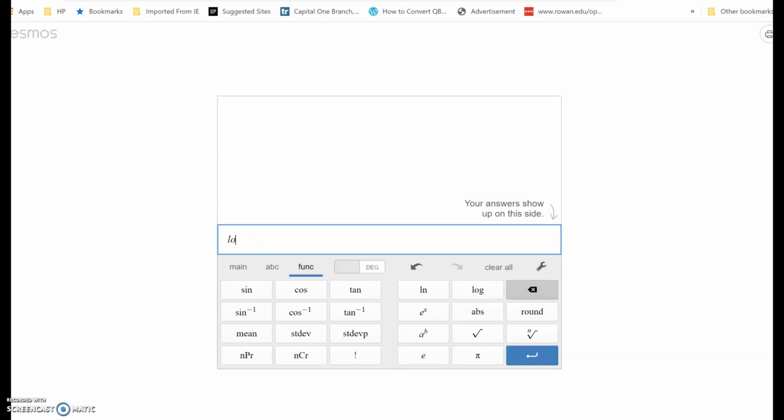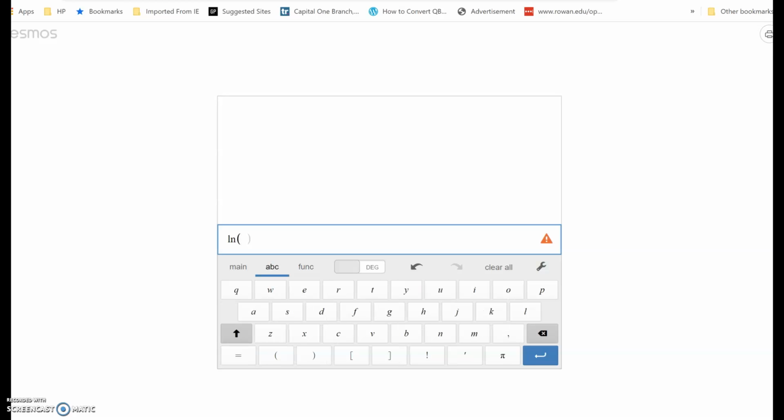We need to erase, and we need the natural log of 0.0062.